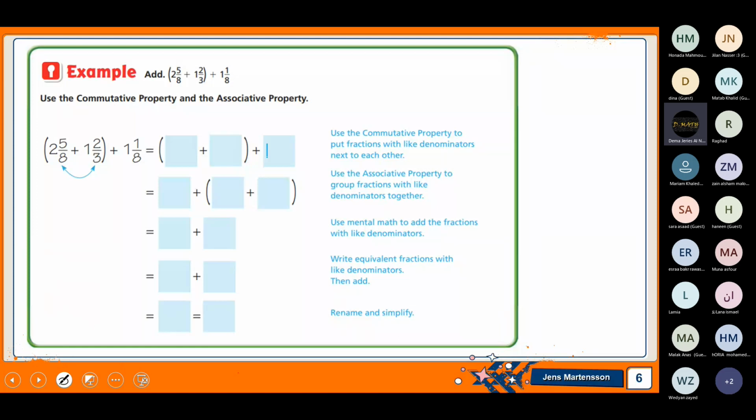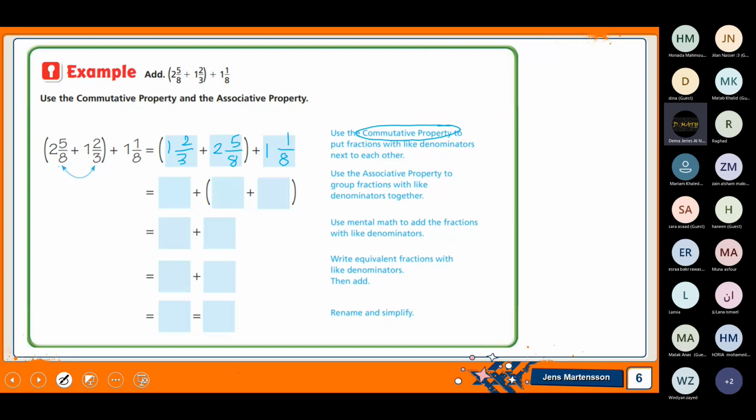I want to write the 1 and 1 over 8 outside. But in order to add them together, I must exchange the order. I must put 1 and 2 over 3 first, and 2 and 5 over 8 at the last. So I just change the order by the commutative property, and by the commutative property, it doesn't matter. We'll still have the same answer.